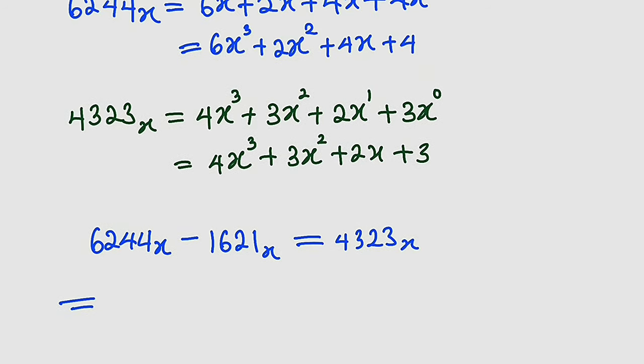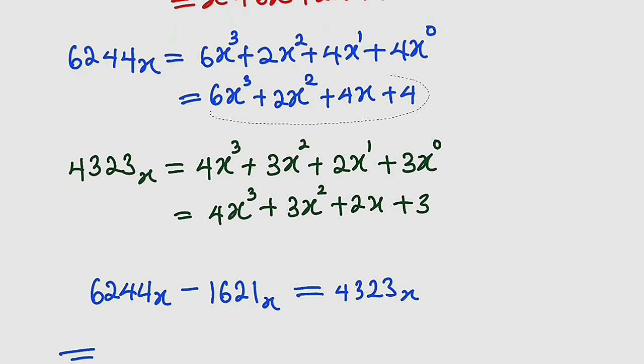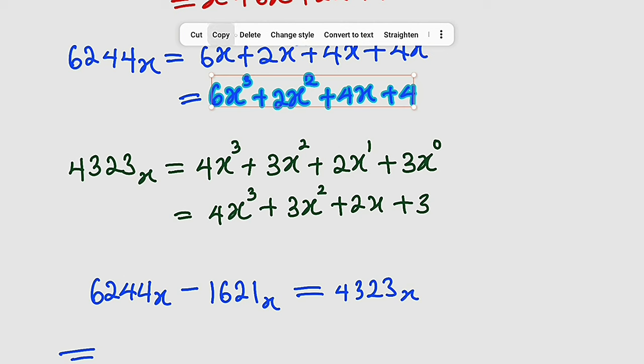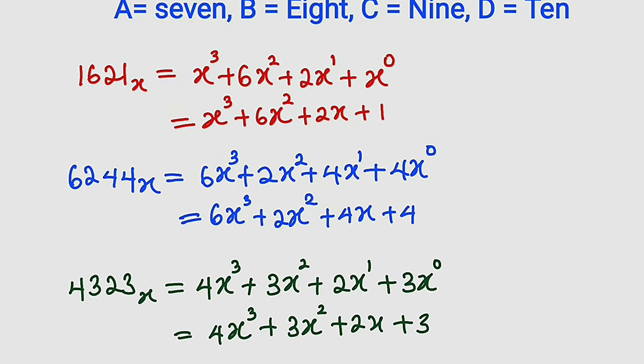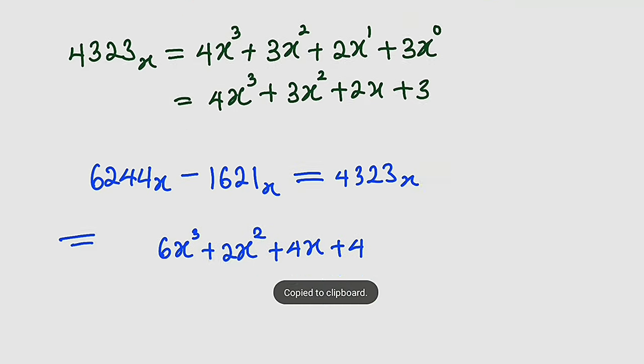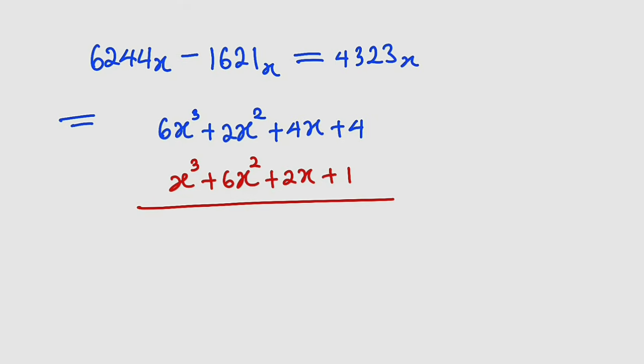Let's perform the subtraction. Let me just copy the numbers. We have this one as the first one, then let me take this one. I don't have more space, so let me start with the subtraction before we equate them.